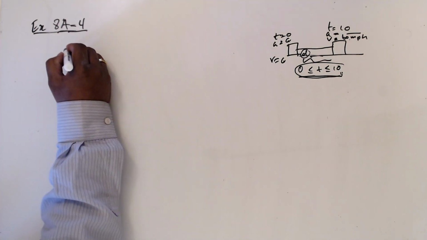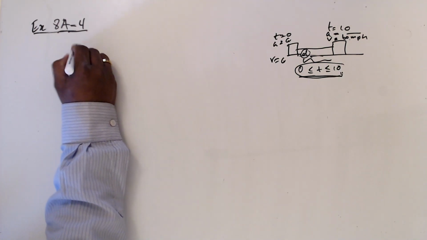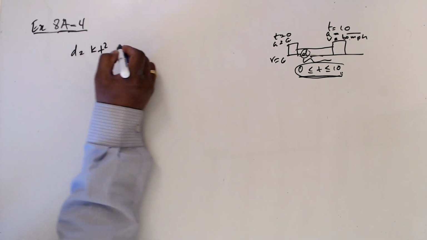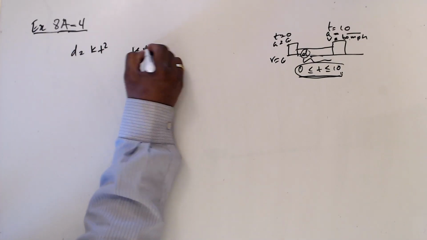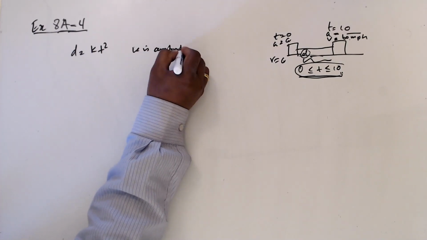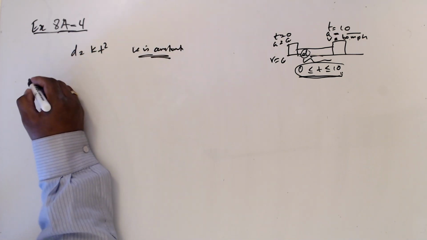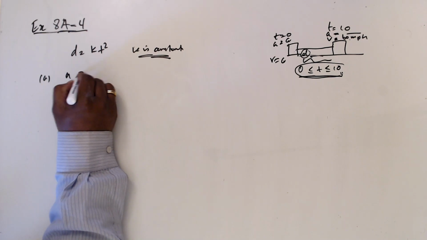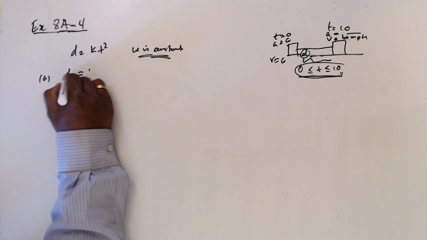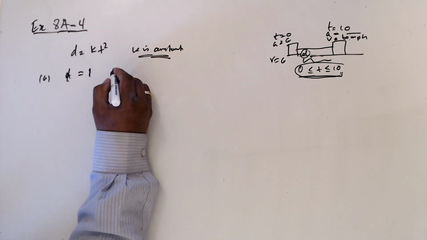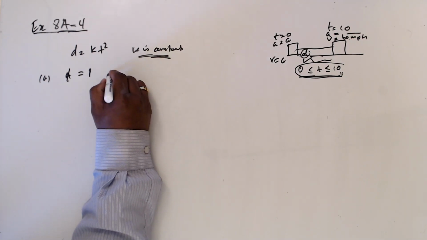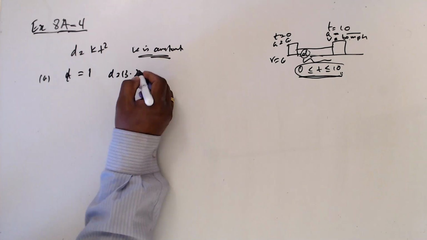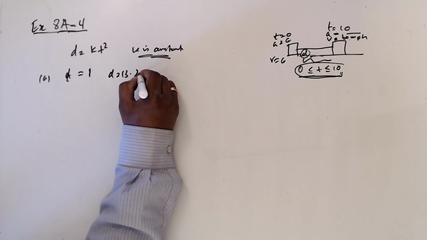That relationship is given by d equals kt squared, where k is a constant. Now part A: given t equals 1 and d equals 13.2 meters.